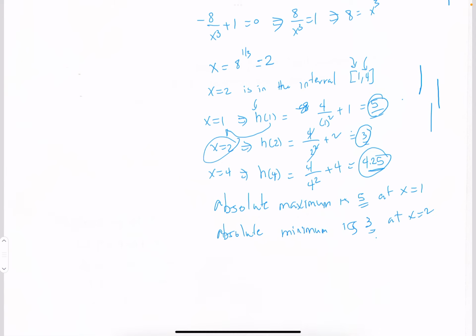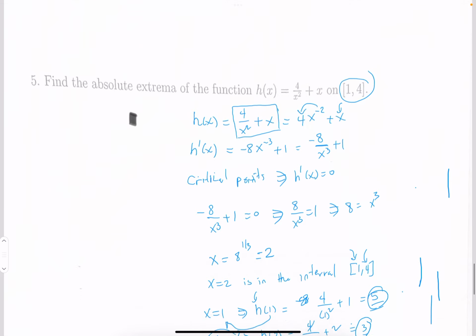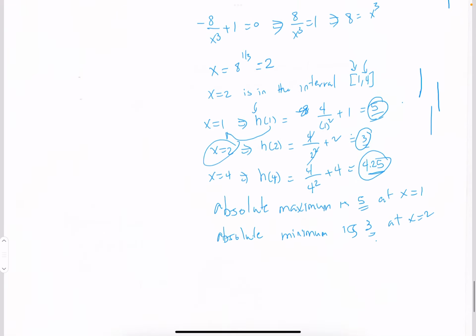Now we have both the absolute maximum and the absolute minimum for that function. Absolute maximum is 5 at x equal to 1. The absolute minimum is 3 at x equal to 2. This is the way we solve number 5, the absolute extrema for the function h(x). I hope that this is easy to understand.